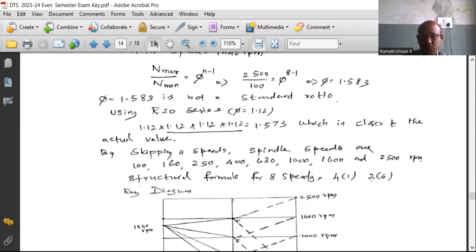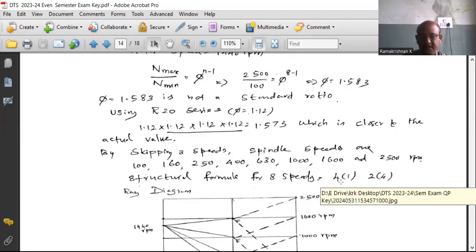And the second stage 2, within the bracket we write 4 into 1 equals 4. So the structural formula for our 8-speed gearbox is 4 within the bracket 1 and 2 within the bracket 4. It is the structural formula: first stage and second stage.